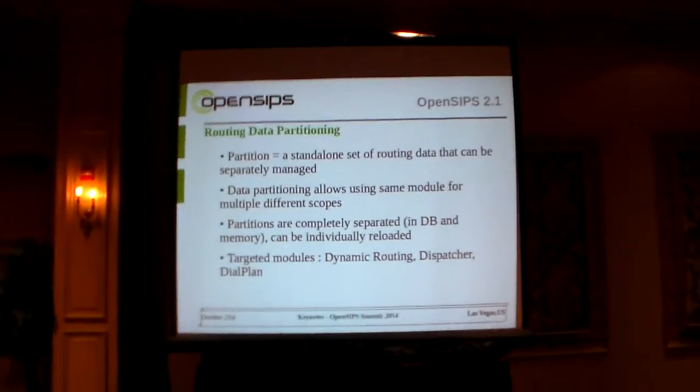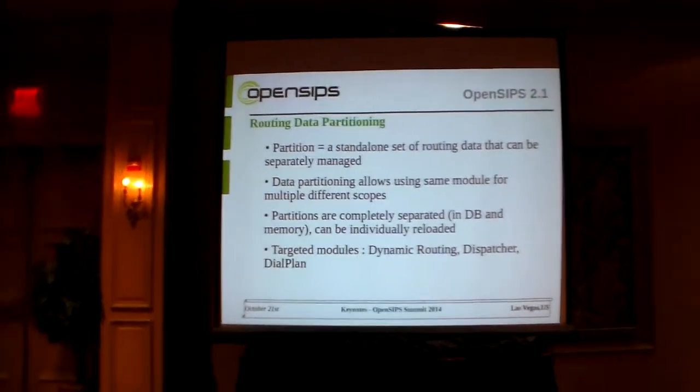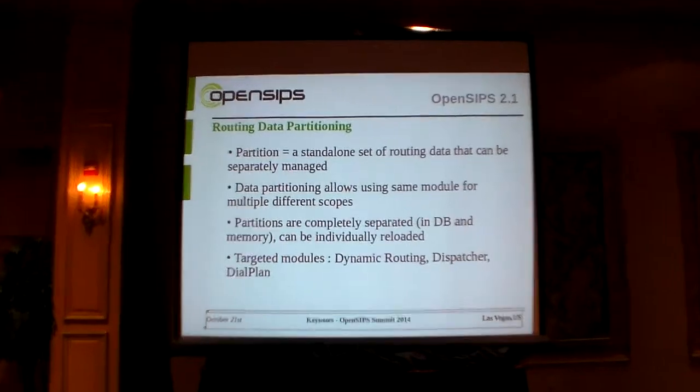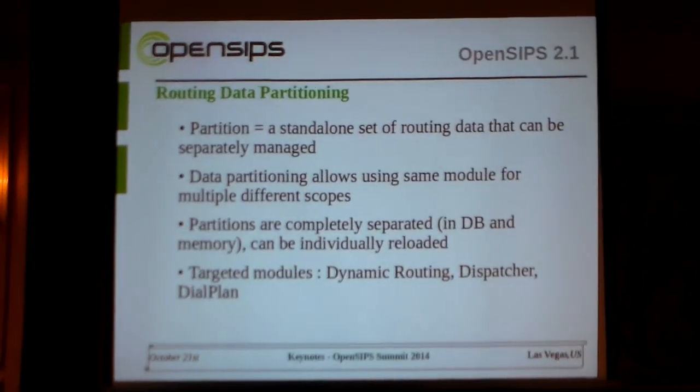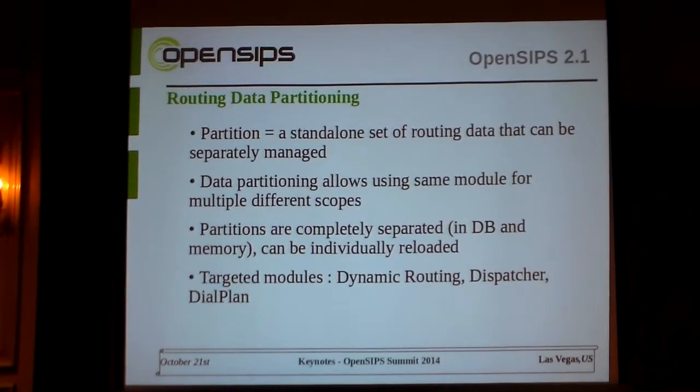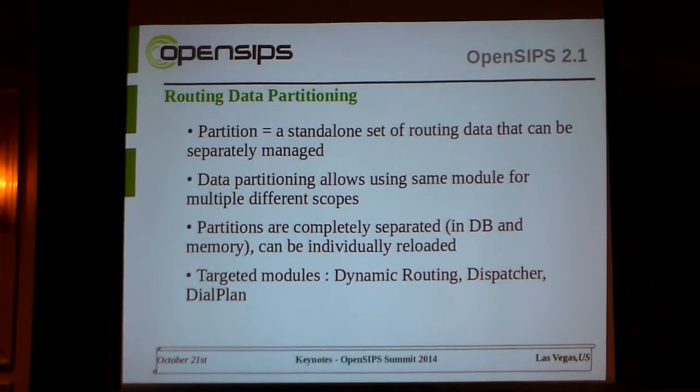And using just the concept of a set or group should not be enough, because we ended up using, just to give you an example, the dynamic routing module at the same time for the actual prefix-based routing to the gateway, but also for billing, to do prefix-based matching on a different set of data which is exclusively for billing purposes, so a completely different set.